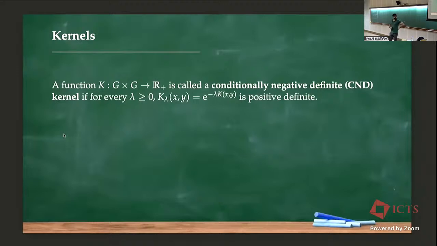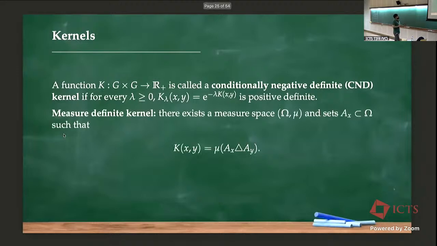Okay, so there is another notion called a measure definite kernel. If you haven't seen this, it might take a minute to get used to, but the idea is actually very simple.